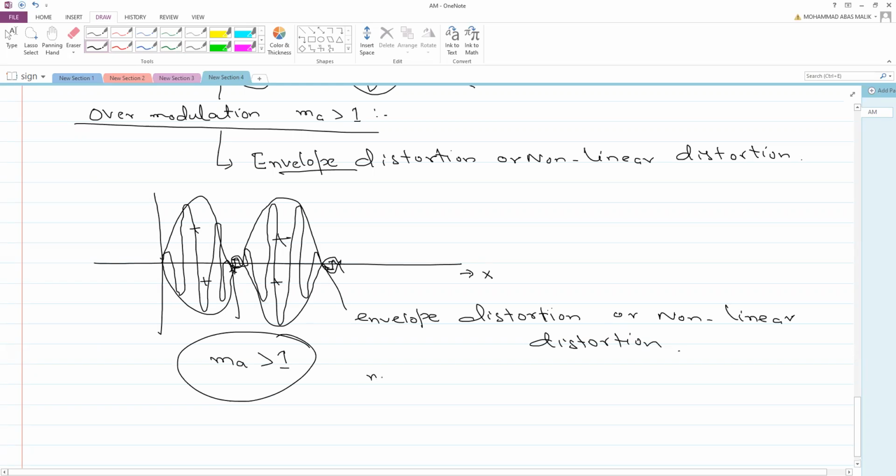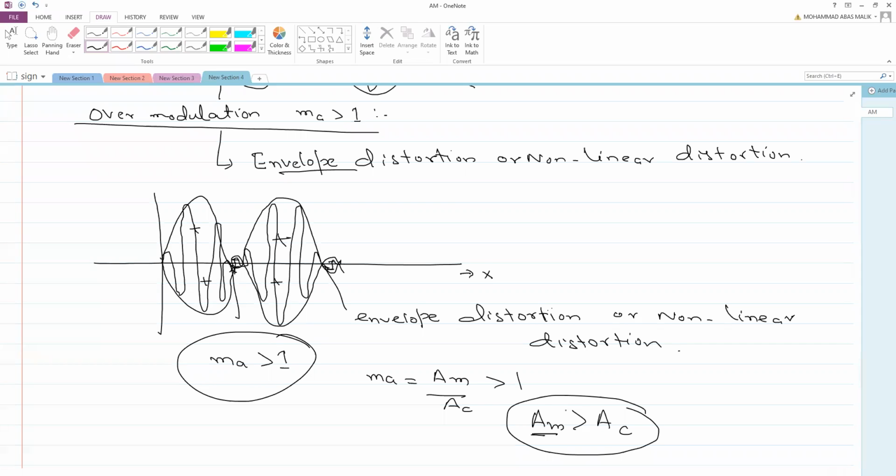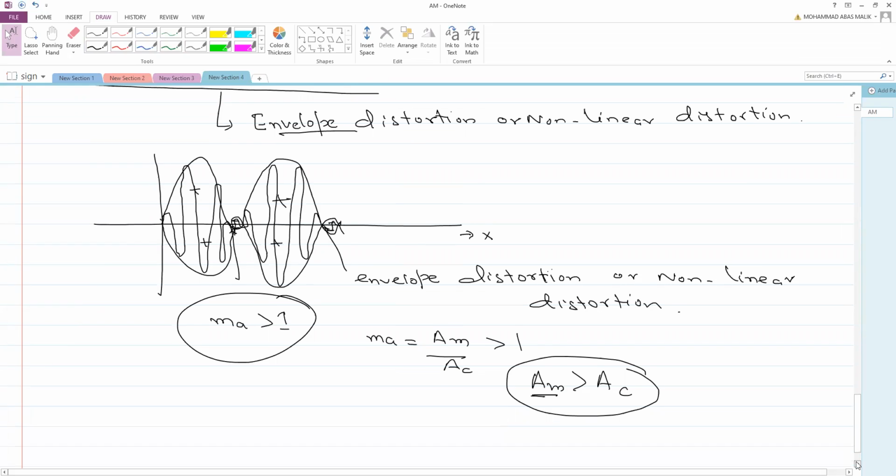That means if MA equal to AM divided by AC is greater than 1, what does that mean? Your AM, the maximum amplitude of the modulating signal, is greater than the maximum amplitude of your carrier signal. That situation is not desired. It will lead to envelope distortion. That means information will not be preserved by the envelope and you will have a problem called nonlinear distortion or envelope distortion. Done?